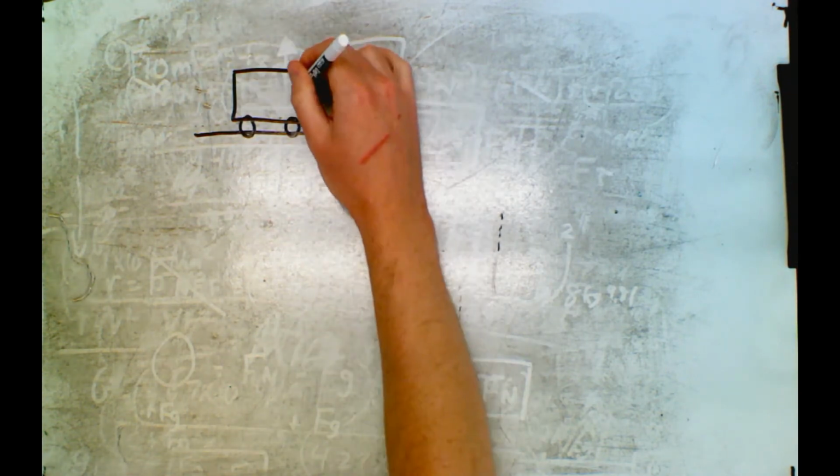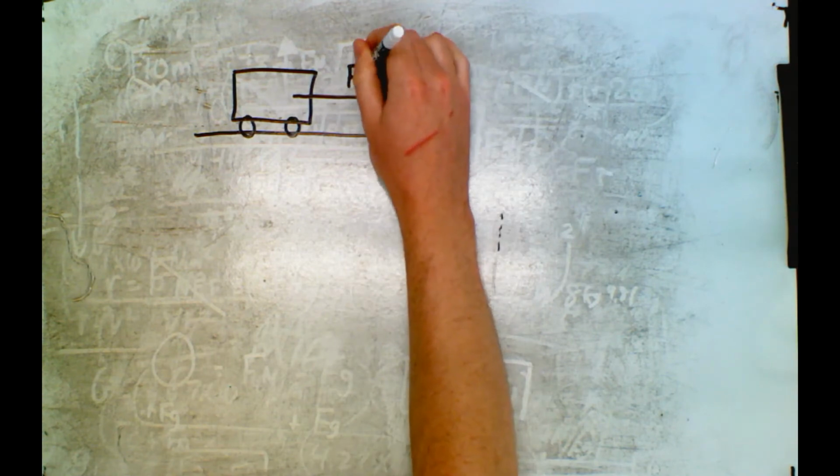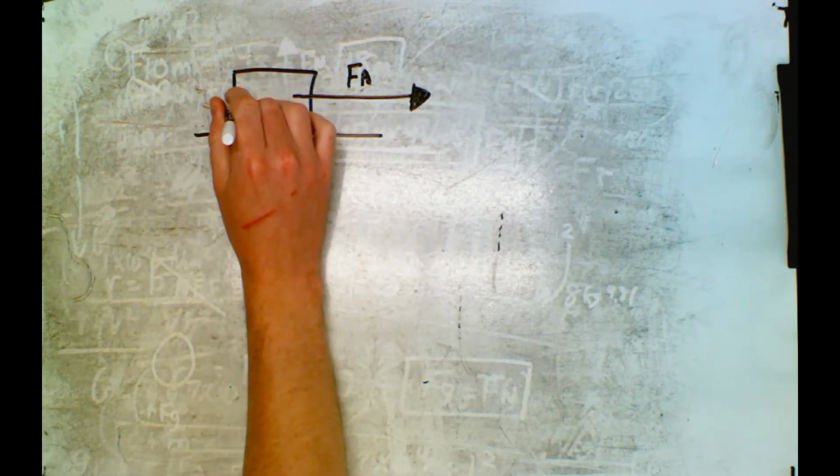So the dog is moving to the right, so most likely I have a force applied to the right. In the question, it said a legless dog is being pulled at a constant velocity. So if I'm being pulled at a constant velocity, there's obviously force of friction going over here.